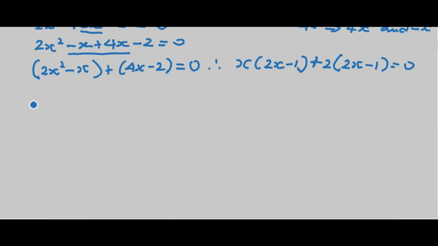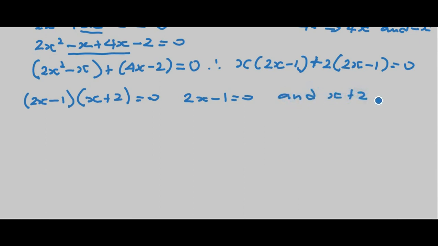So 2x minus 1 is also common. Bring that out: 2x minus 1, we have x left plus 2 is equal to 0. So 2x minus 1 is equal to 0 and x plus 2 is equal to 0.